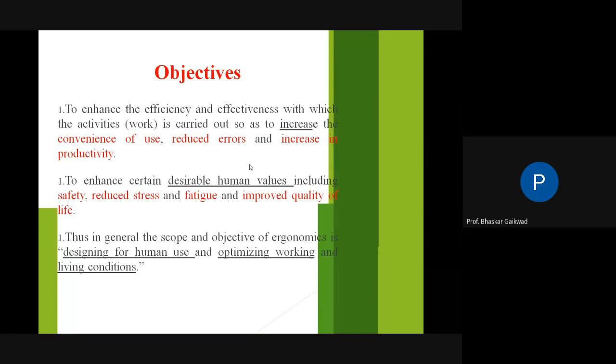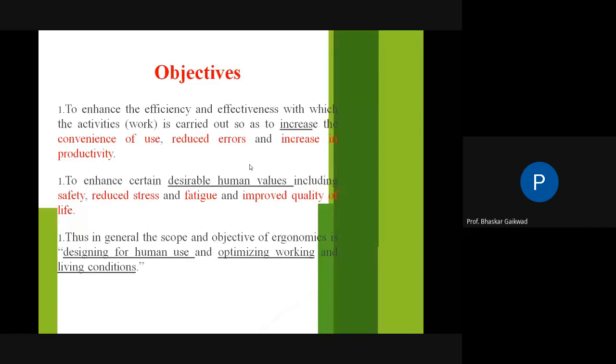improve quality of life. If anything is not designed as per the ergonomics principle, the workers who are working on the machine may not get higher safety while working. Stresses will develop in the body. He will feel fatigue, and there is no guarantee about the quality.